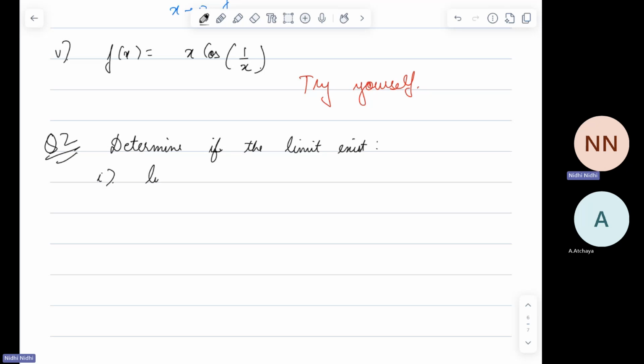First part, limit x tending to 0, x minus mod x by x. Second, limit x tending to infinity, x to the power 1 plus sin x.